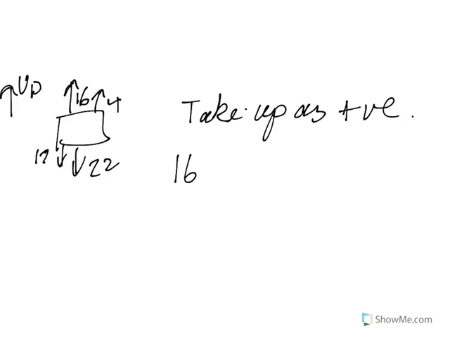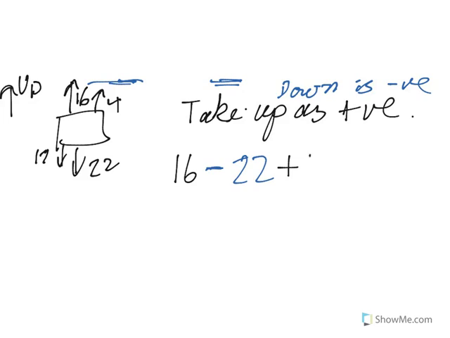The 22 down, so this down one here and this down one here, the way we write those is I'll write it as minus 22. Alright, because down, if up is positive, then down is negative. Alright, so this is one way that we can deal with, and then we've got the 4 Newton up, so that's plus 4, and then the 17 down, that's minus 17.